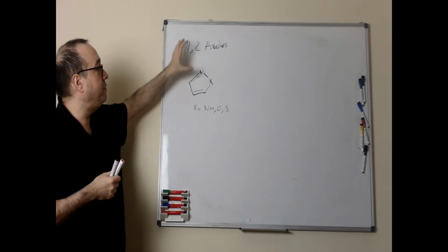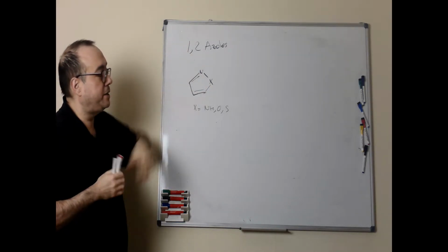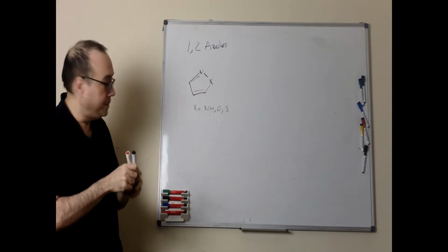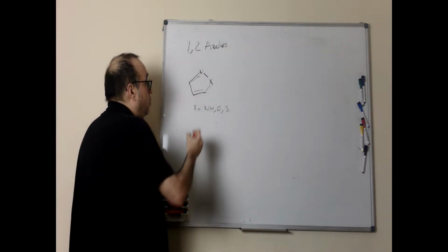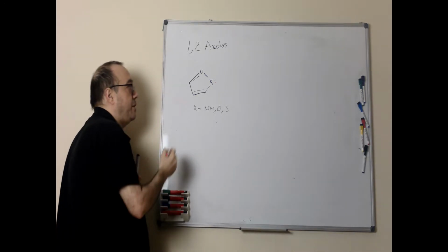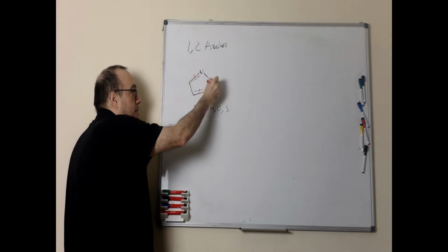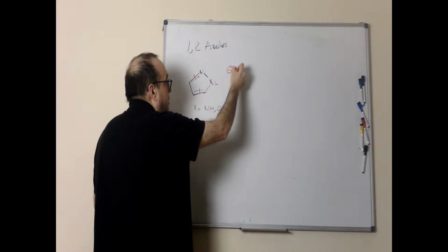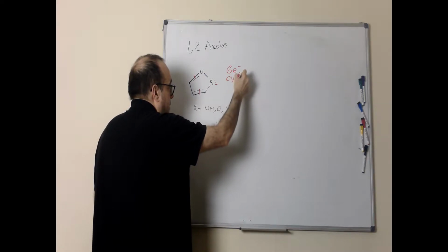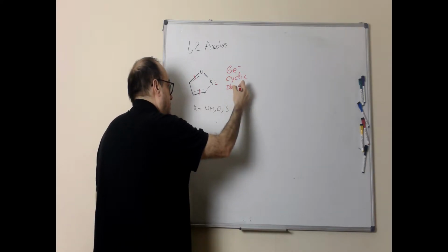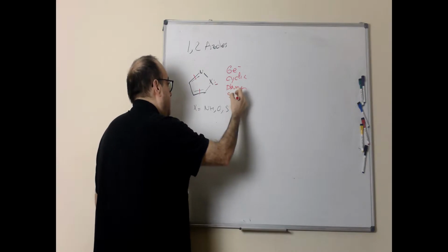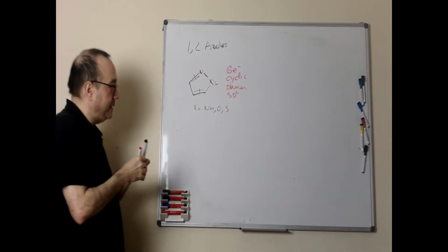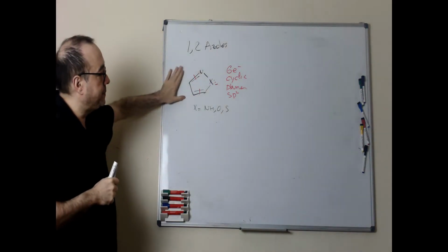It's basically very similar to the 1,3-azole, but now the two heteroatoms are one next to the other. We're going to start checking if it's aromatic. 2, 4, 6 electrons, cyclic, planar, all atoms sp2. That means that this is aromatic.